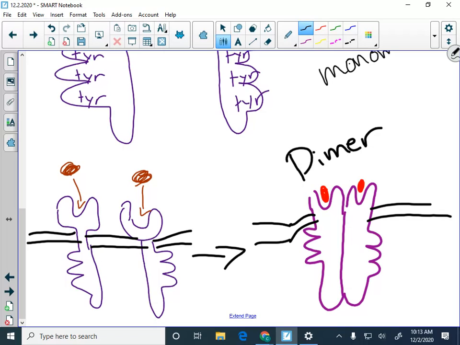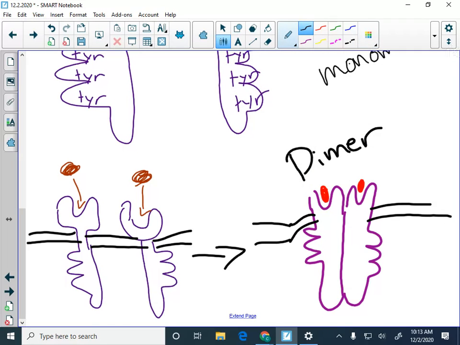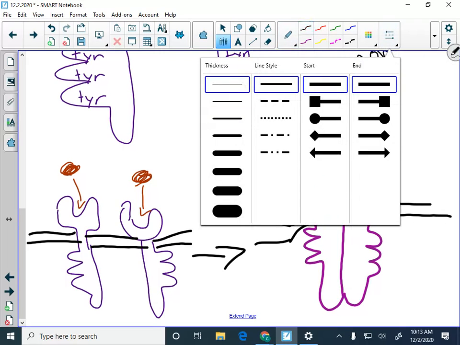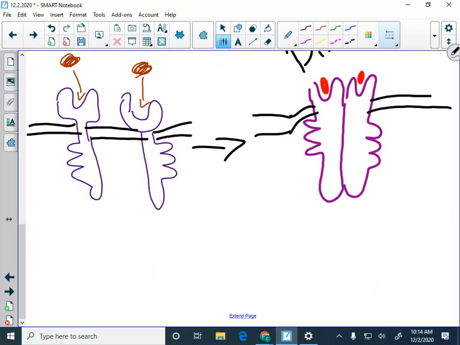Now this is like a partially activated dimer. It's not completely activated because we don't have our ATPs yet, but this is our partially activated dimer. All right. There's our dimer.